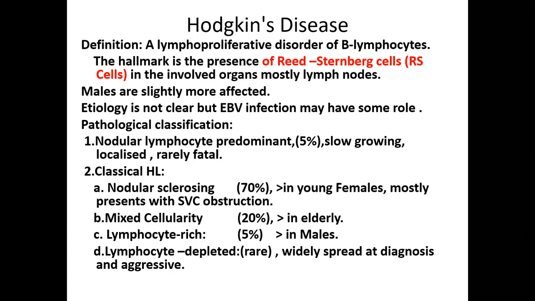It forms around 5% of cases, and it is more common in males. And we have the lymphocyte depletion type, which is rare, but this is a fairly more aggressive variant. Usually, the disease is widely spread at diagnosis, and the course in many patients is aggressive.